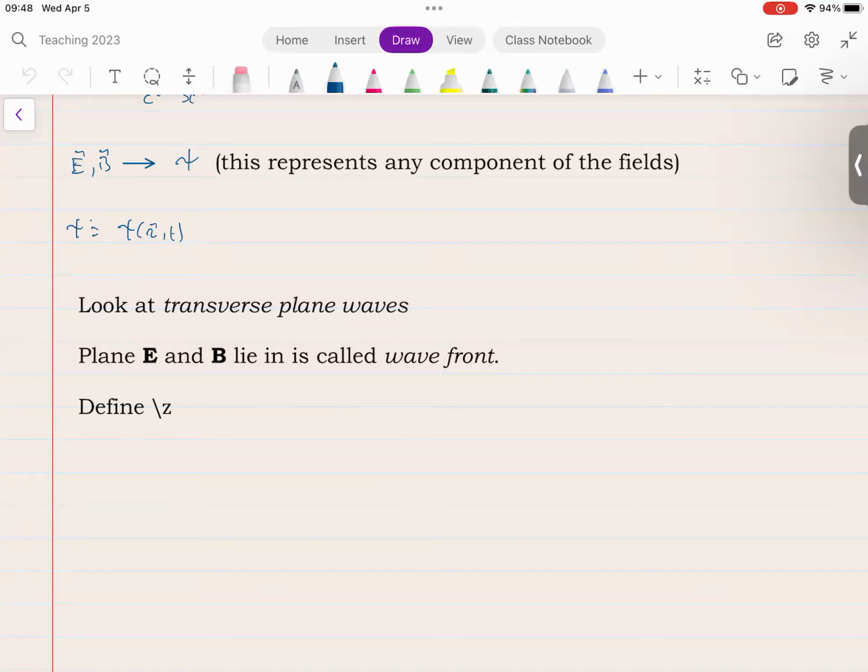Okay, just give me a moment. Okay, found it. The Greek zeta, for consistency with the reference I'm using, and that's the letter I'm going to be using for the distance from the origin to the wavefront.